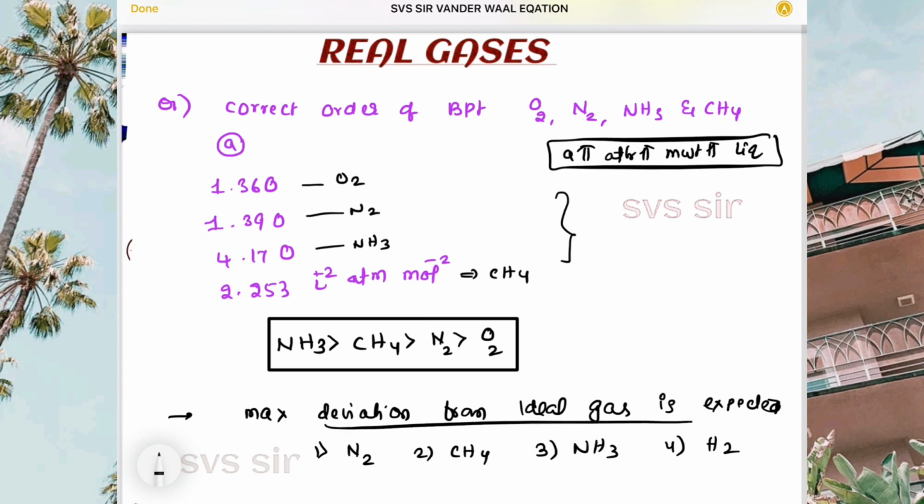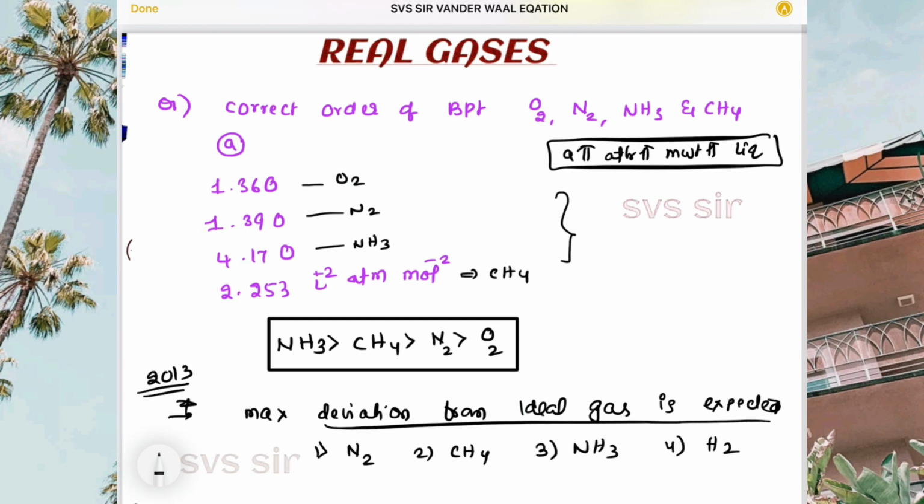So maximum deviation from ideal gas is expected for which one? This is one of the important questions. This question was asked in NEET 2013. Please comment your answer in the comment box.